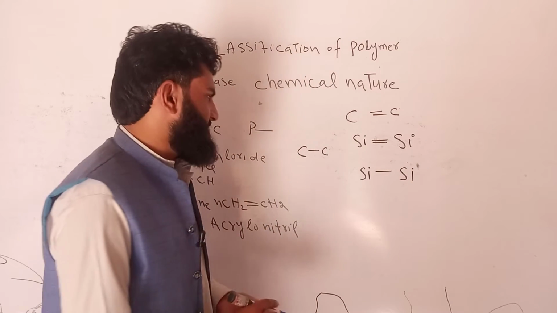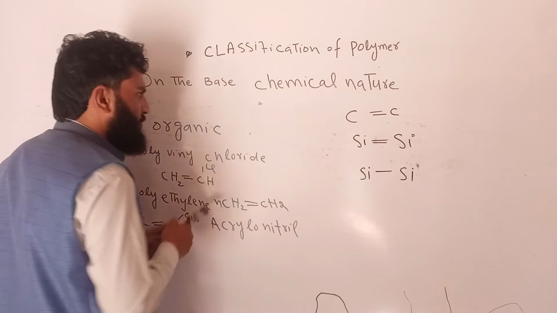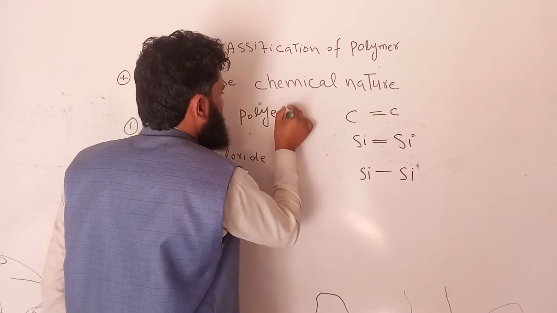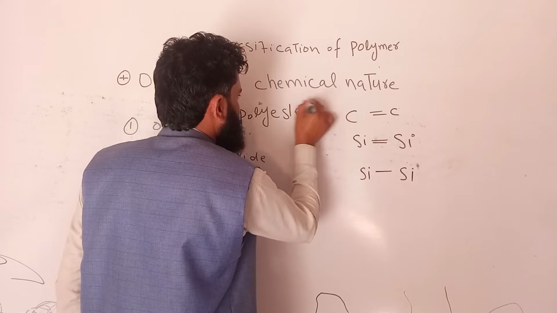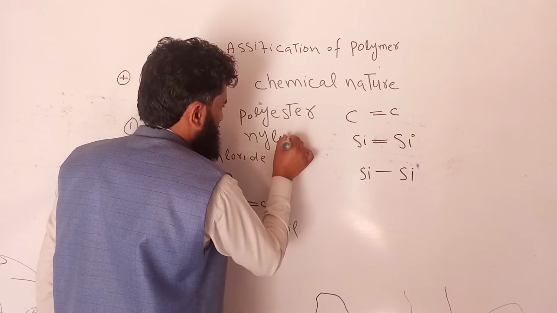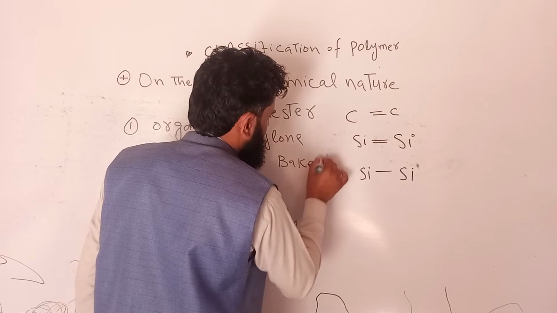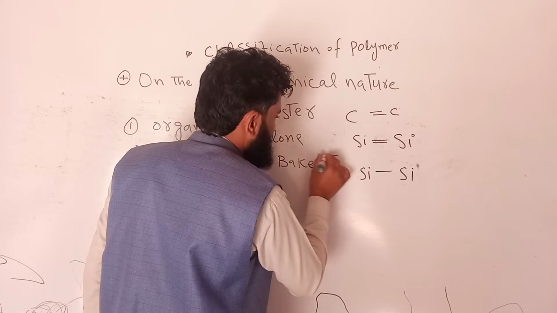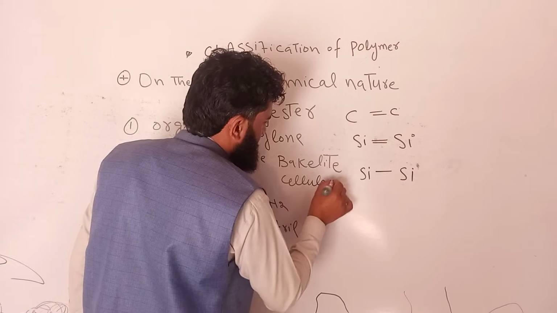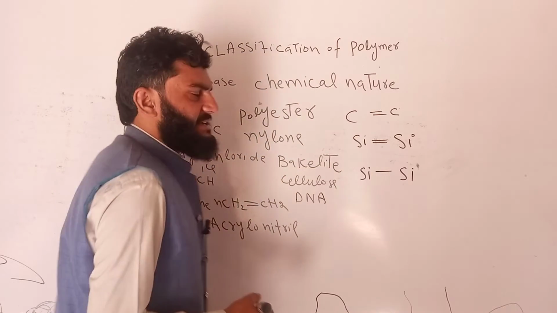There are many examples of organic polymers, just like polyester, nylon, Bakelite, cellulose, DNA, RNA, nucleic acids.